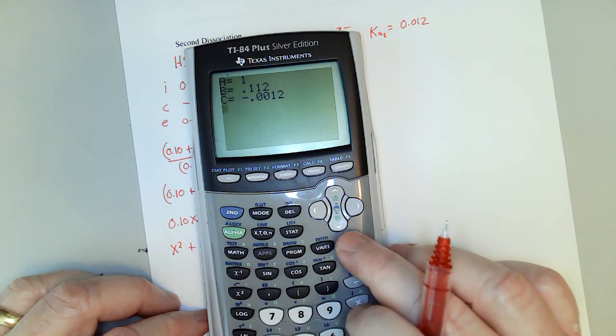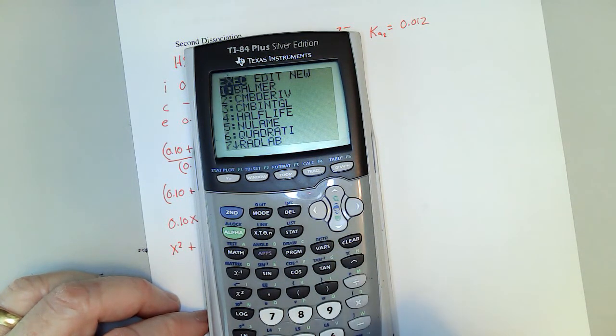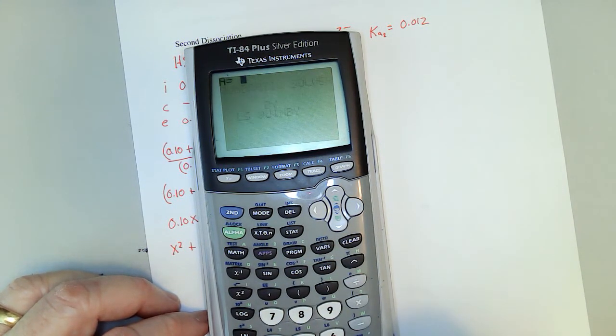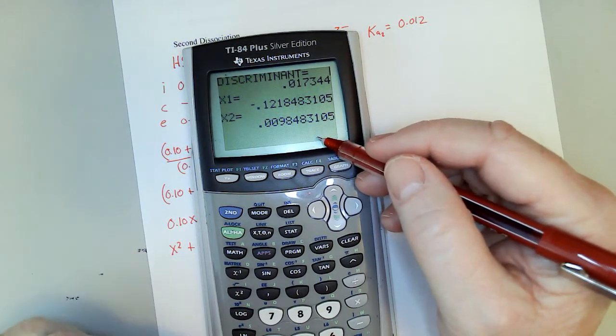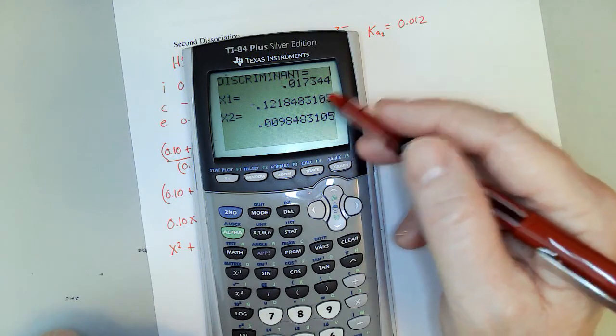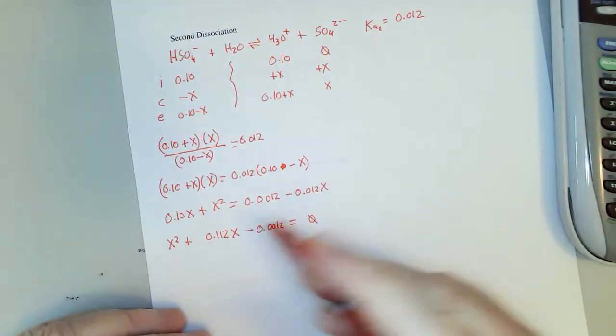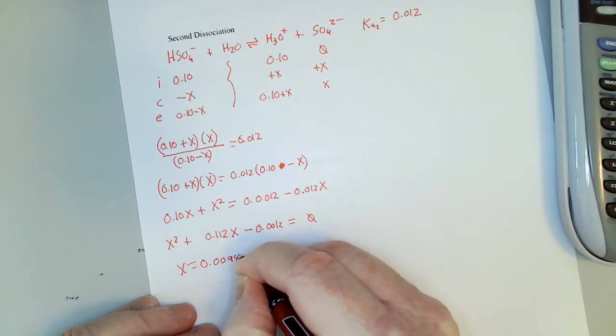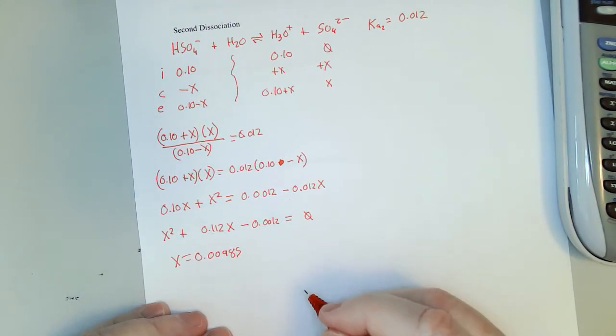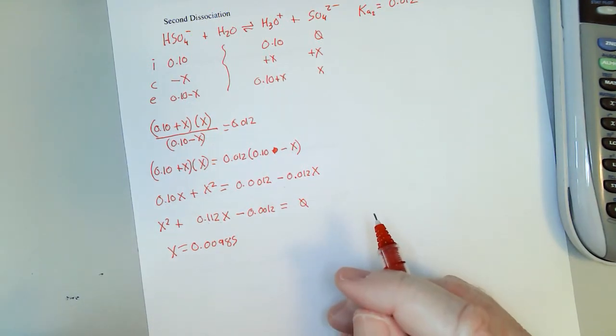Let me try that again. Program, quadratic. A is 1. B is 0.112. C is negative 0.0012. Boom. So 0.00985 and a negative number I don't care about. So x in this case equals 0.00985.